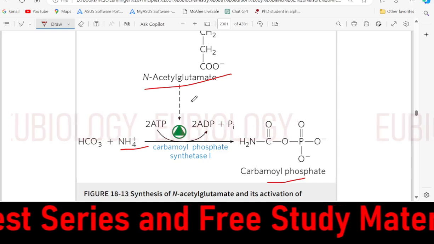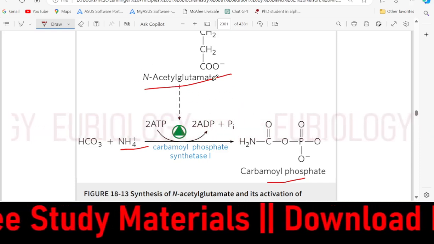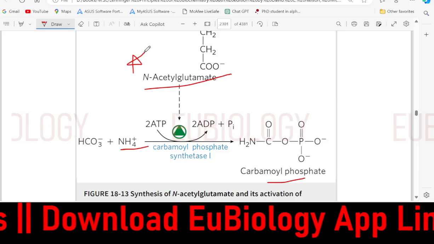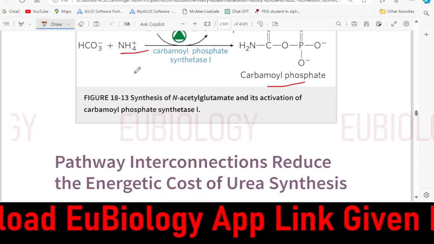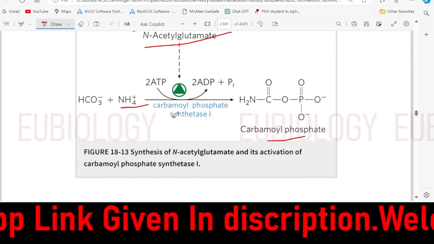Important thing is that you need glutamate or the acetyl coenzyme to produce this enzyme. So this is the important thing.